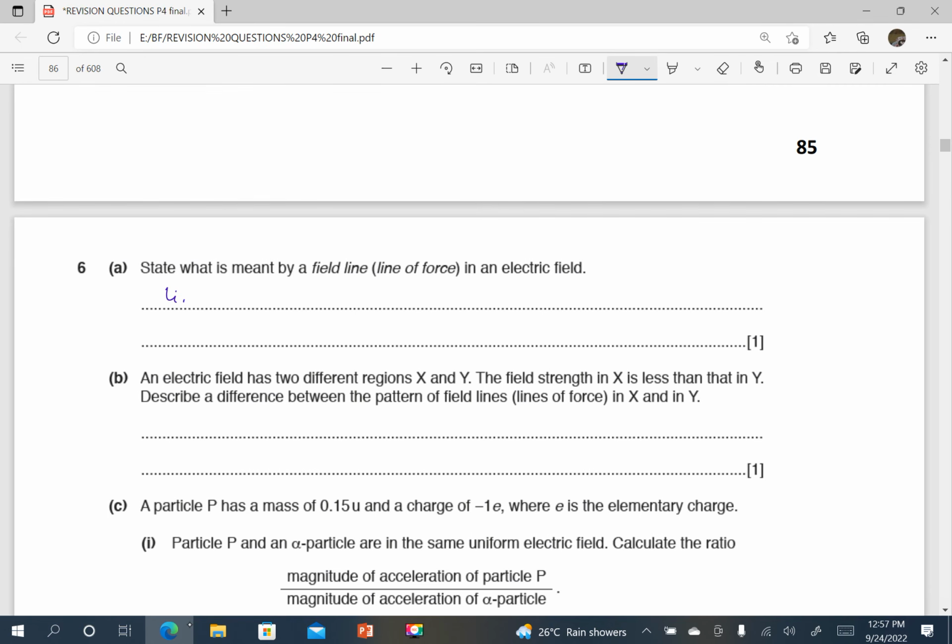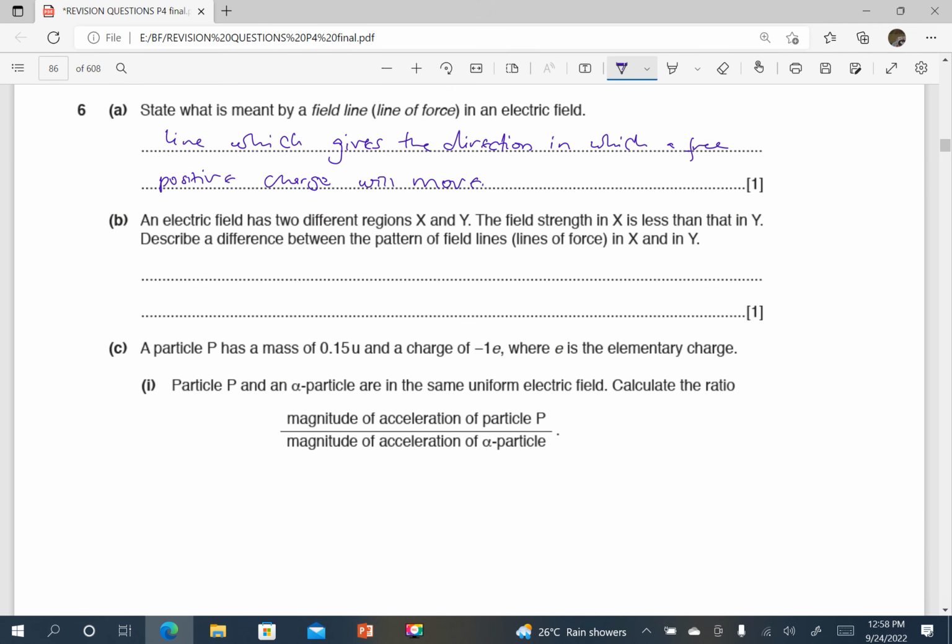The line which gives the direction in which a free positive charge will move. That is an electric field line.